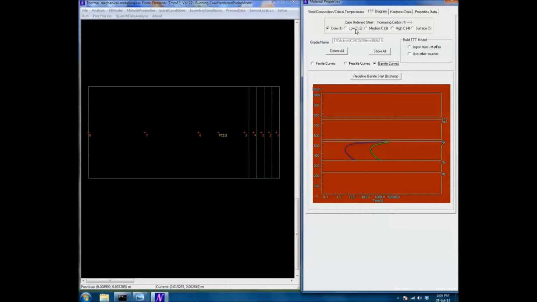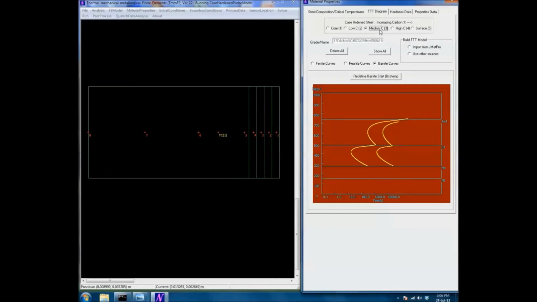As you move towards the surface, you will see that the TTT diagrams move towards the right, indicating that the steel becomes more and more hardenable. Hardenability of the steel or the sublayers increases towards the surface.